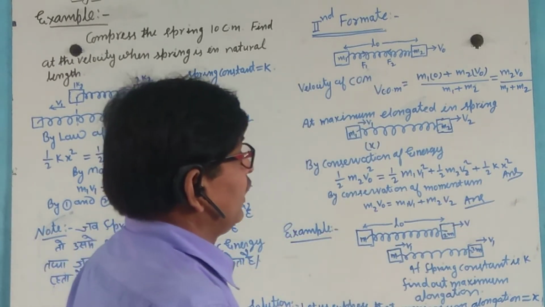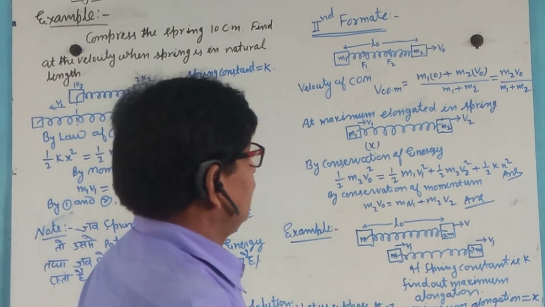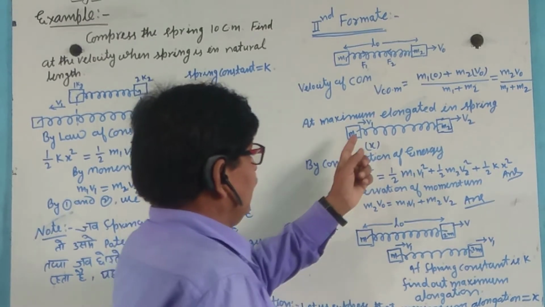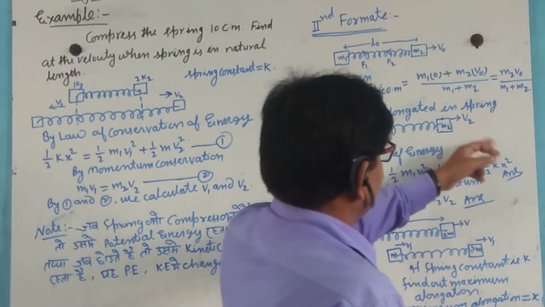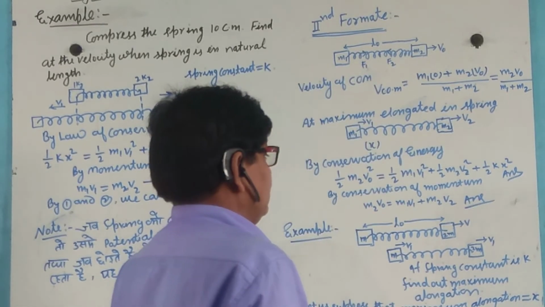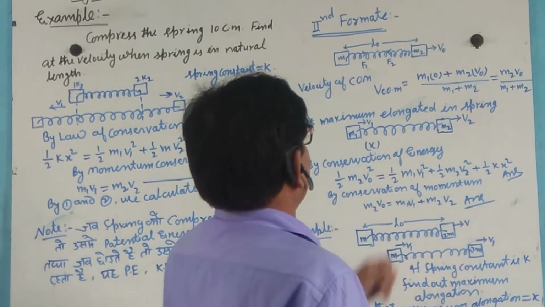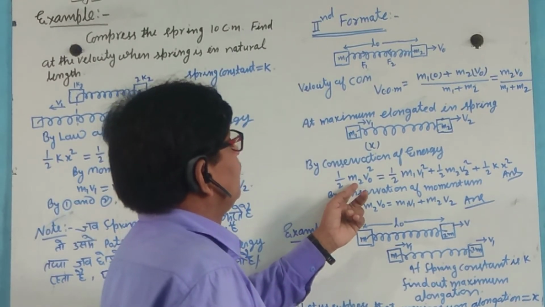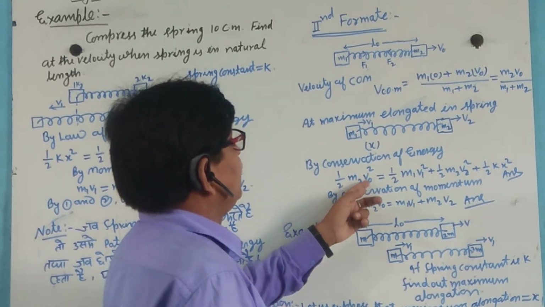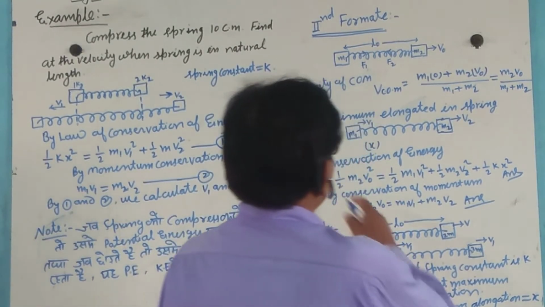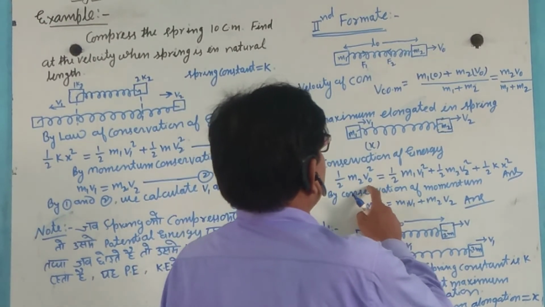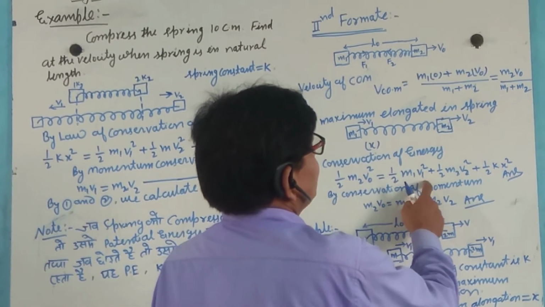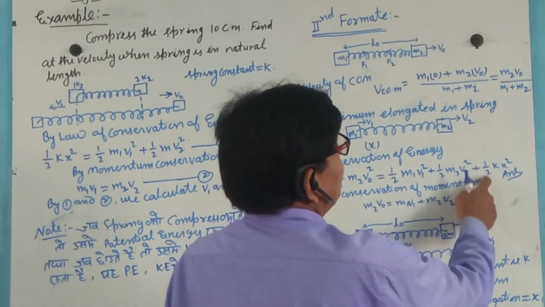At the maximum elongation of the spring, let us suppose it is x, and apply the velocities v1 and v2. Now by conservation of energy, the initial energy 1 by 2 m2 v0 square equals 1 by 2 m1 v1 square plus 1 by 2 m2 v2 square plus half kx square.